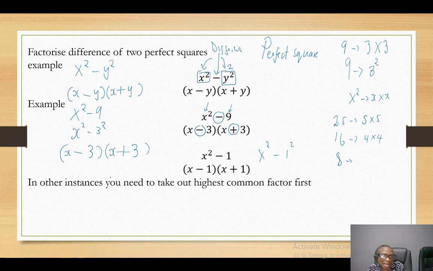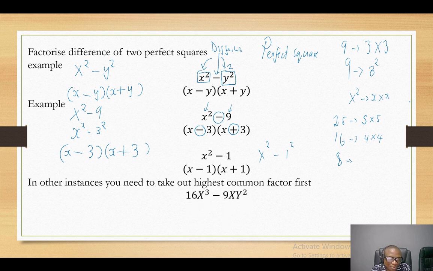I'm saying in other instances, you need to take out the highest common factor first. So in other expressions, you can apply these two skills together. You factorize by taking out the highest common factor, and then you later factorize the difference of two squares. Let's look at it.